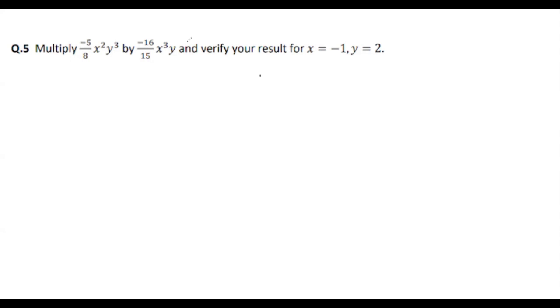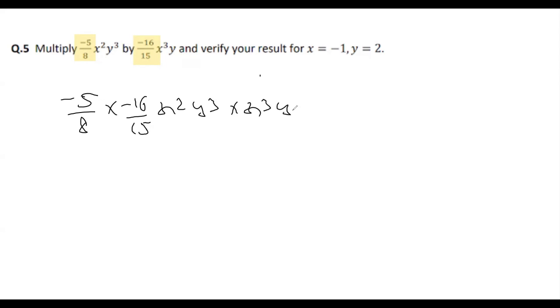While multiplying this, I'll be writing the numeric terms first, like I'll be multiplying this and this first, and then the variables. So I'll be writing minus 5 over 8 multiplied by minus 16 over 15. And then we have x variables multiplied. This is x square y cube into x cube y.